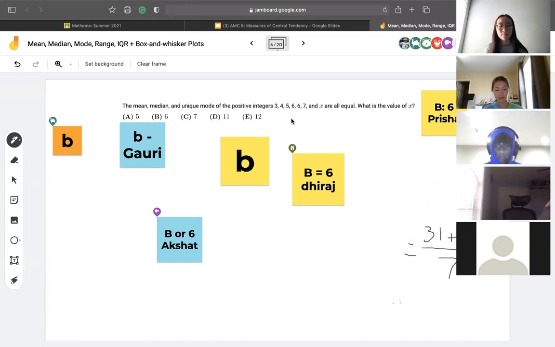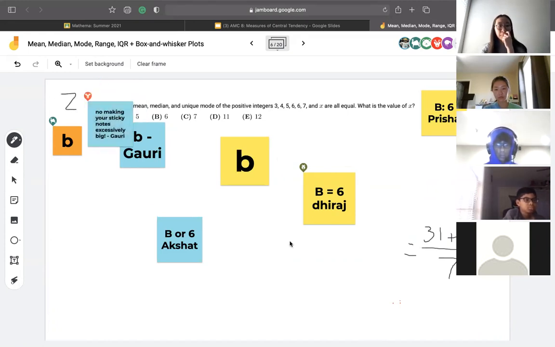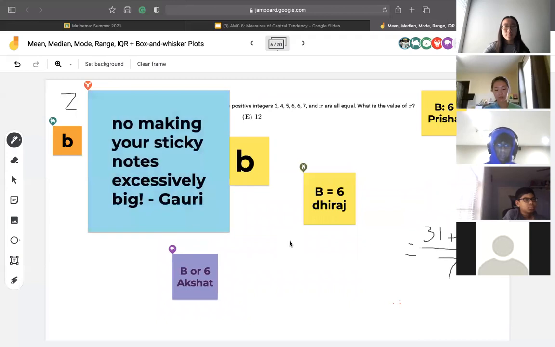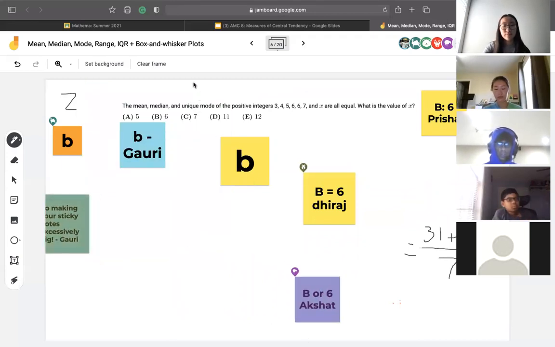Okay, that's fine, Charles. So the median of 7 numbers is going to be the 4th number, and for the most part it already has the numbers in least to greatest order, but we don't know where x is in this, so we can't really assume anything for the median since we don't know what x is right now.